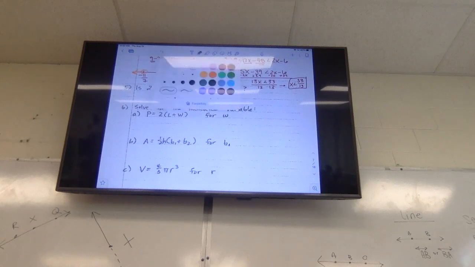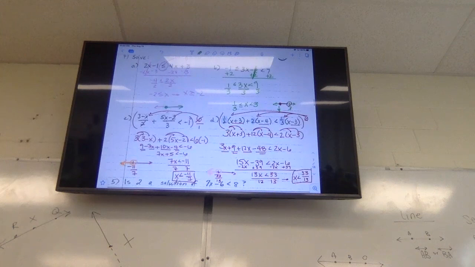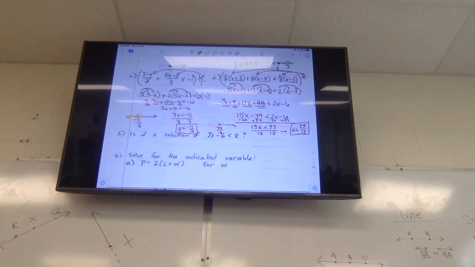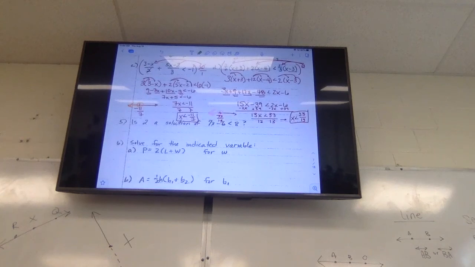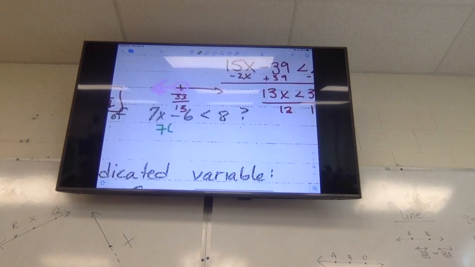Keep going, shall we? All right, was everyone good on number 4? I was moving quick. Everyone good on number 4? All right, move on to number 5: is 2 a solution of 7x minus 6 is less than 8? Let's plug and chug, let's find out. 7 times 2 is 14, minus 6 is less than 8. 14 minus 6 is 8, is less than 8.